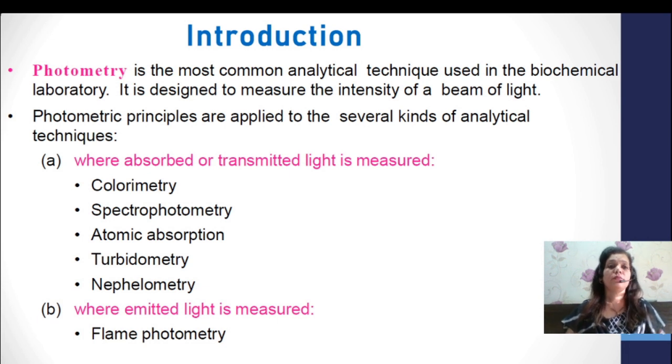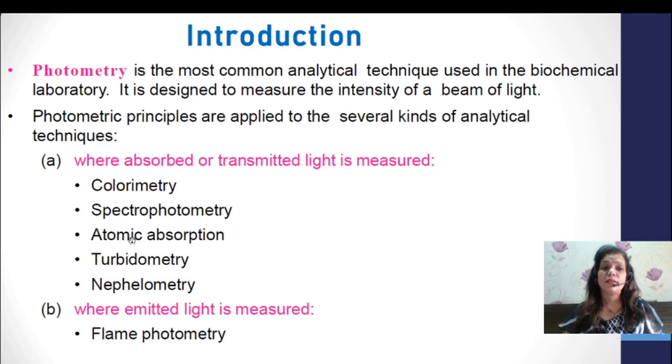Photometric principles are applied to several kinds of analytical instruments. When the radiant energy is absorbed or transmitted, light is measured. Then a number of instruments come under this heading: colorimetry, where the amount of energy is absorbed or transmitted, as well as absorbed and transmitted in spectrophotometry.